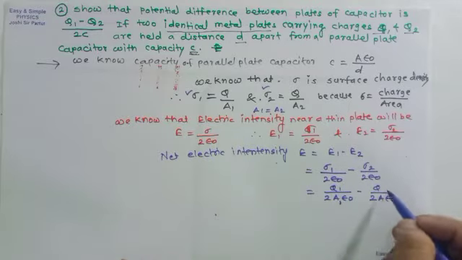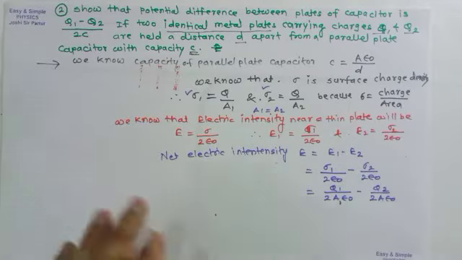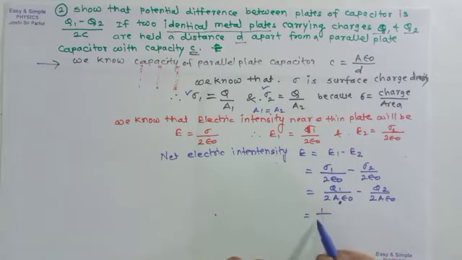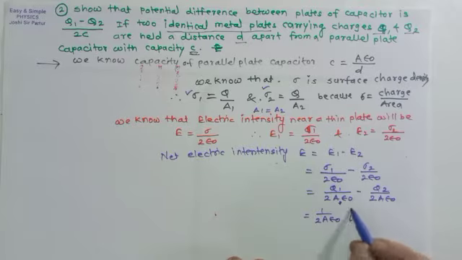If we take a common term, that will be 1 upon 2 times a epsilon 0 in bracket q1 minus q2.